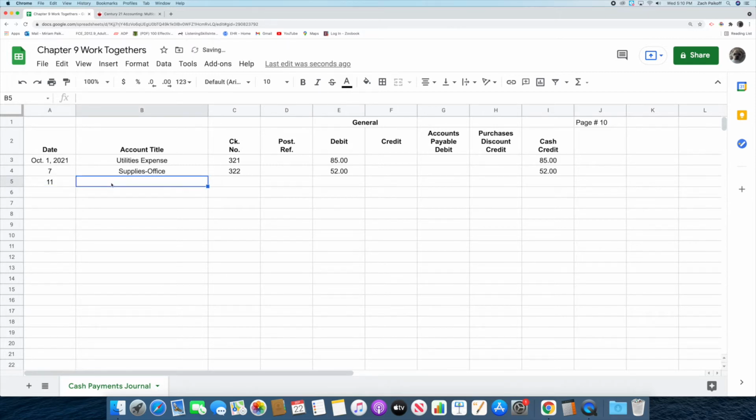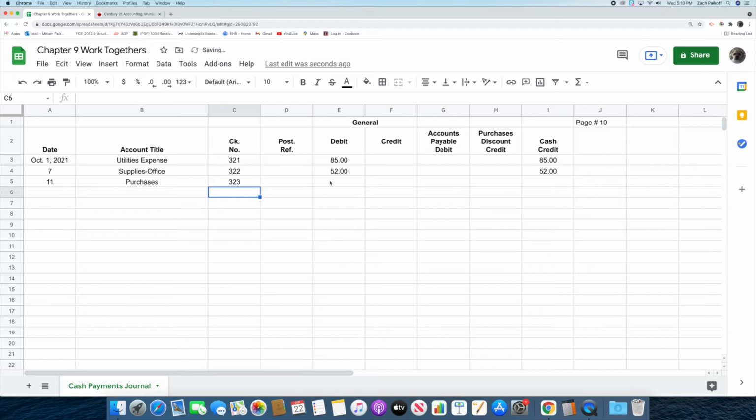Next, we're going to put in the account title, which is purchases, in the account title column. After that, we're going to put in the check number, which is 323, in the check number column.